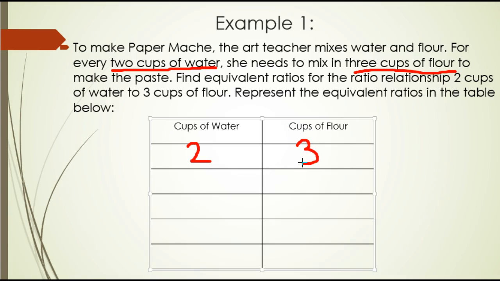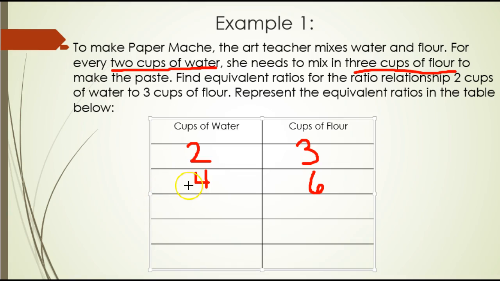So to get my equivalent ratio, I'm going to multiply both numbers by 2. 2 times 2 gives me 4 cups of water. 3 times 2 gives me 6 cups of flour. So I have 4 cups of water to 6 cups of flour.